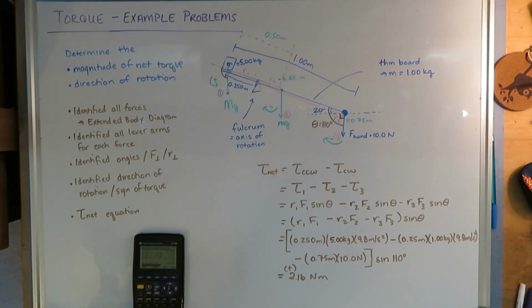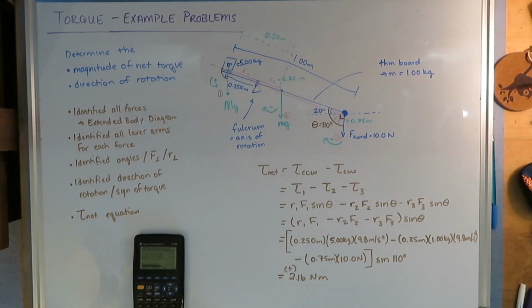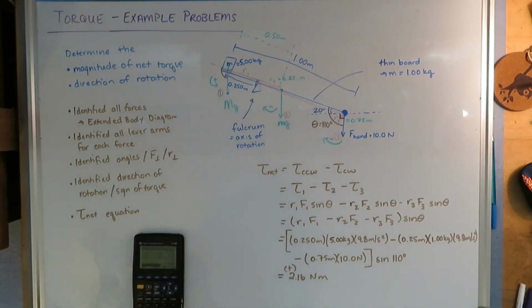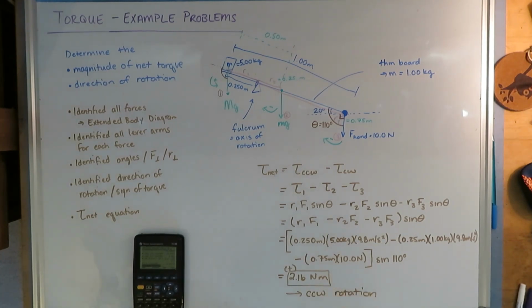Well, interesting. So that actually came out positive. What that means is that this positive torque is larger. So that means this has a 2.16 Newton meter torque, and that is giving us a counterclockwise rotation. Cool, I wasn't expecting that.